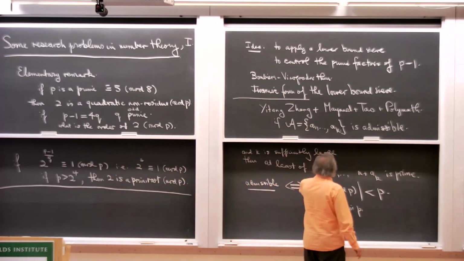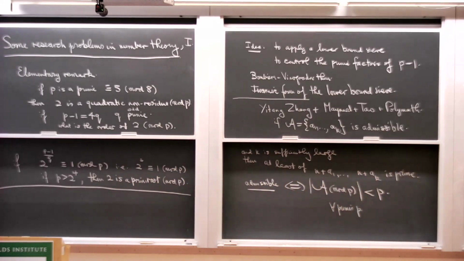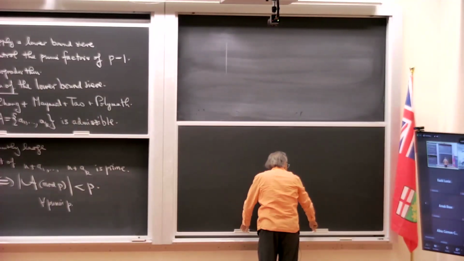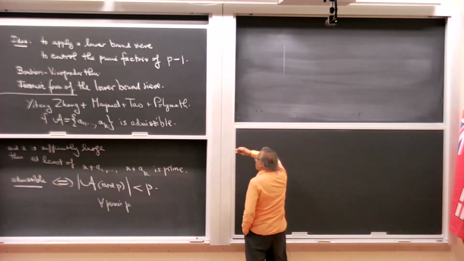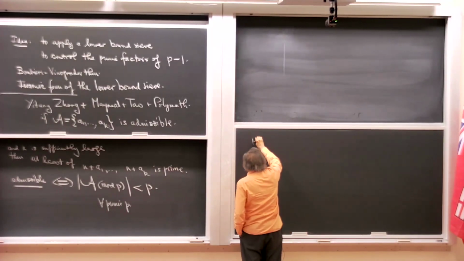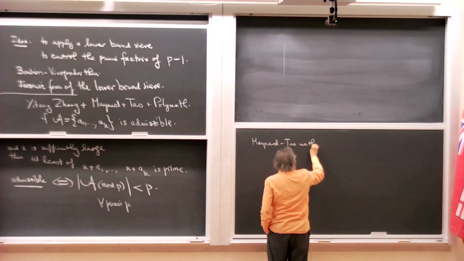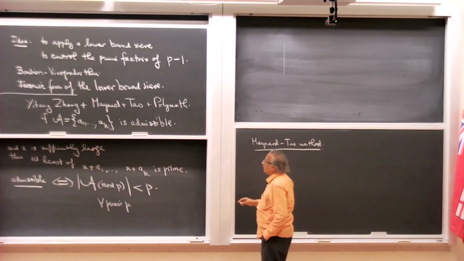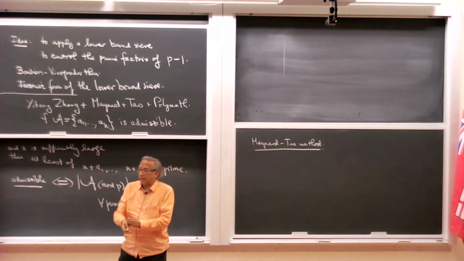And the interesting thing is that if you can vary this a little bit, the same method, the Maynard-Tao method, as I'd like to call it, isn't so particular about the use of the Bombieri-Vinogradov theorem that you need an exponent bigger than a half.